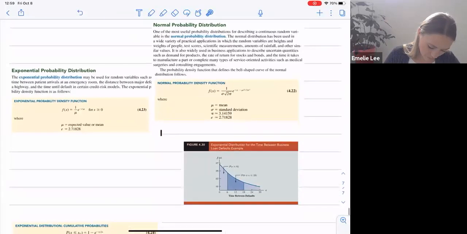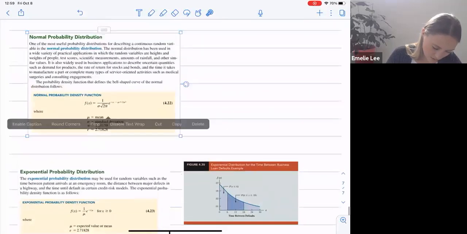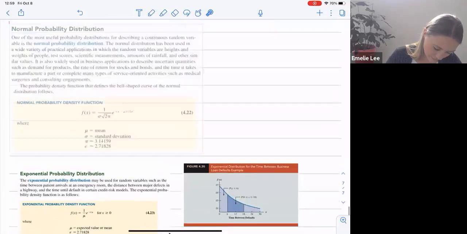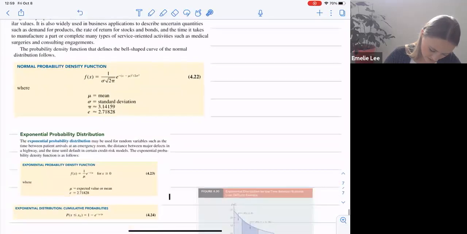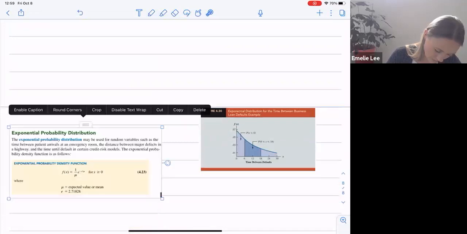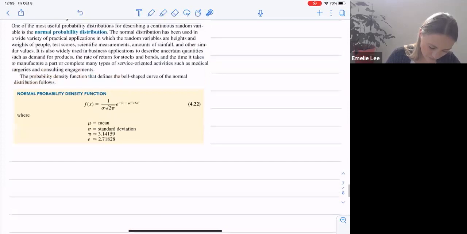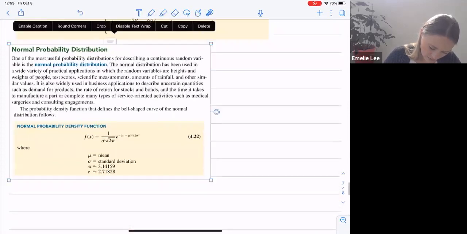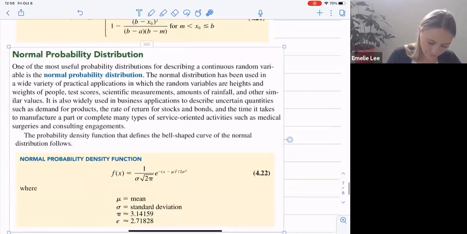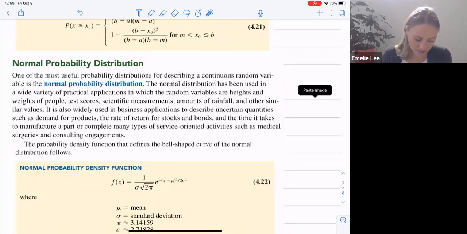Okay, speaking of the normal distribution, here it is. Now, the normal distribution is our most common distribution that we have to deal with.